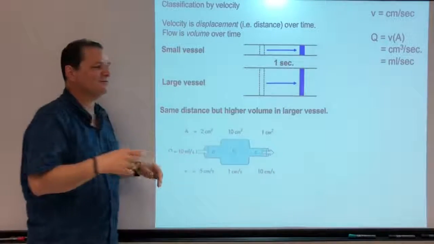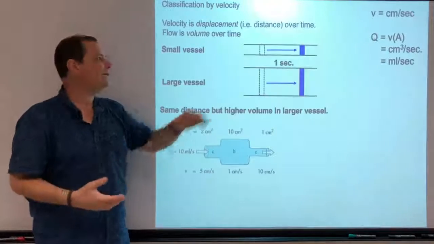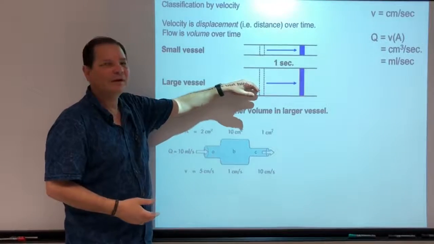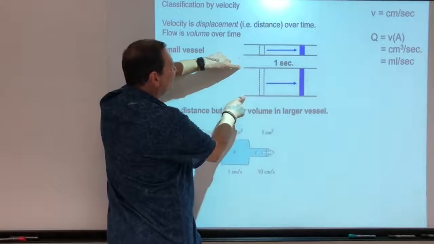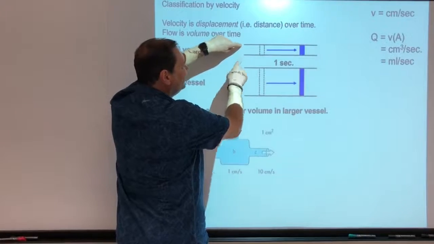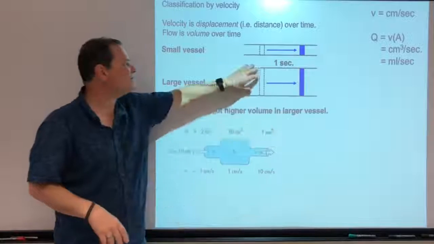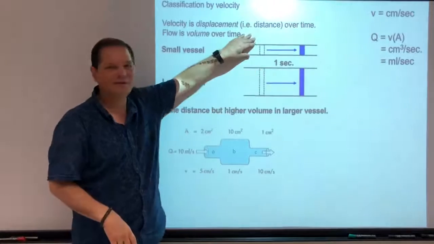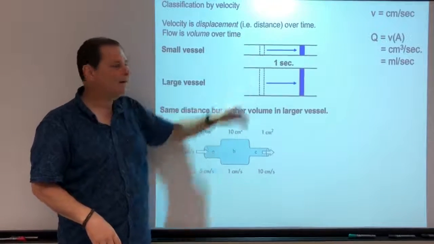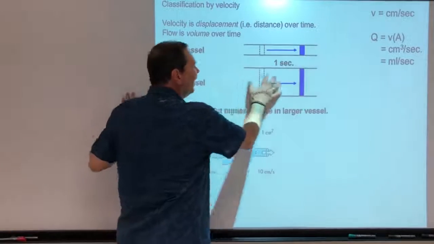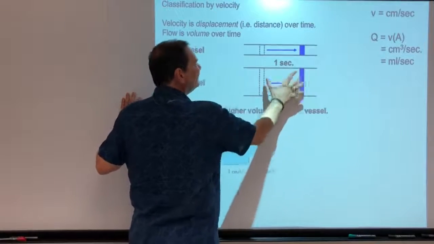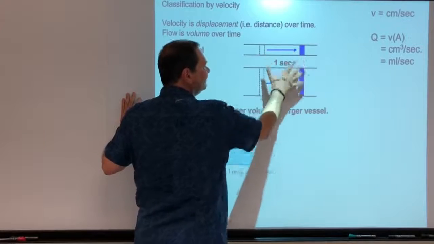So we say that the velocity of flow is the same in both of these vessels. But notice that this is a much bigger vessel than this, so you know that the blood flow is much higher through this vessel than this. So the flow is high here, but the velocity of flow is the same.